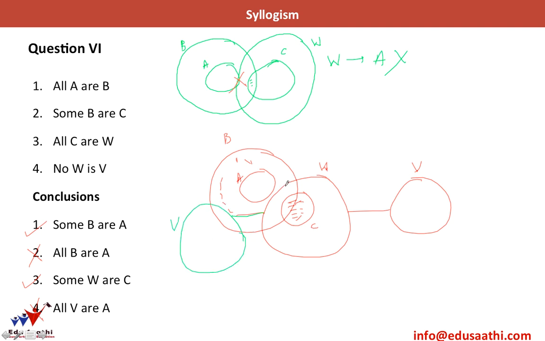Only if you draw something like this can you say that all V are W. Not even this. If you draw something like this inside this, it's a very limiting case. So my point is that you cannot go so deep until and unless you are sure about something. You cannot mention this. This will show that all A are V, and this inner circle will show that all V are A. So this is also incorrect. See, the only conclusions that follow are 1 and 3.